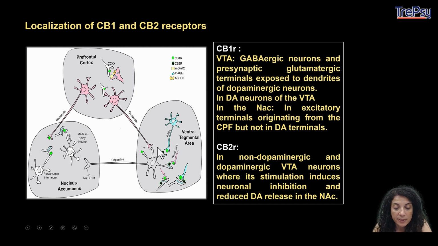And the CB2 receptors are in the dendrites of dopaminergic and non-dopaminergic neurons, whose stimulation induces neuronal inhibition and reduces dopamine release in the nucleus accumbens.